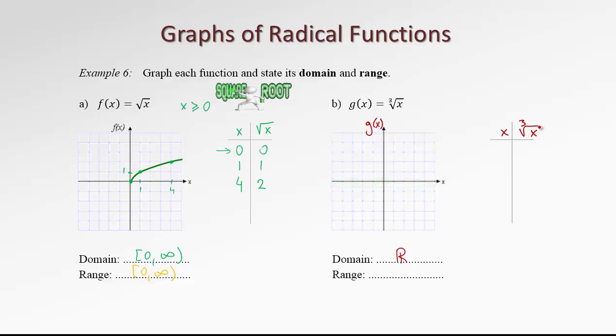For easy calculations, let's take perfect cube numbers like -8, -1, 0, 1, and 8. Cubic root of -8 is -2, of -1 is -1, cubic root of 0 is 0, and then 1 and 2. Let's plot those points. Since our grid stops at -5, we need to estimate.